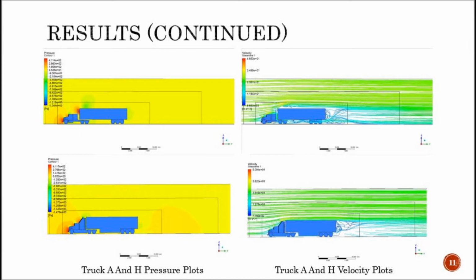It can also be seen that the pressure contour plots and velocity streamline plots corroborate one another, as high pressure regions are present in locations where the airflow is disrupted by the truck's geometry, and as a result low velocities are apparent in these same regions.